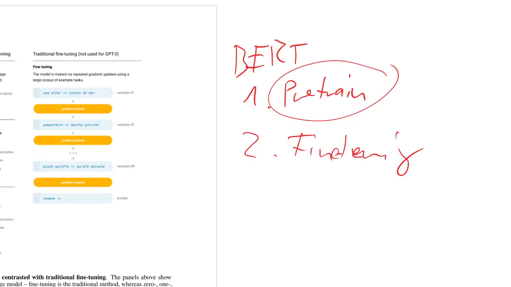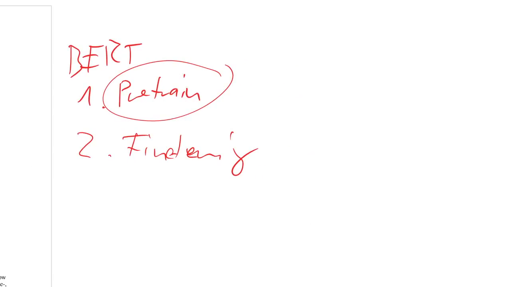On the second step, you'd have the task you're actually interested in. And let's say the task you're actually interested in is sentiment classification. So in sentiment classification, you have a sentence like blah, blah, blah. And you want to know, is that a positive sentiment, like is it a happy sentence, or is it a sad sentence? And you would have a database of labeled instances of that.